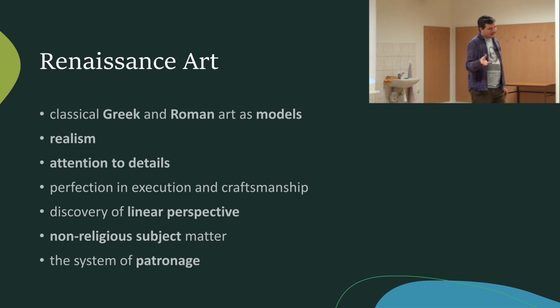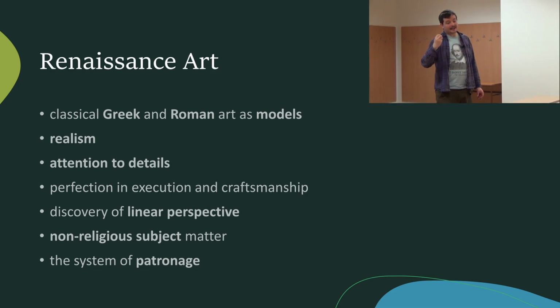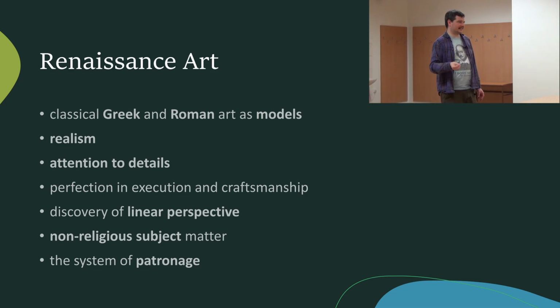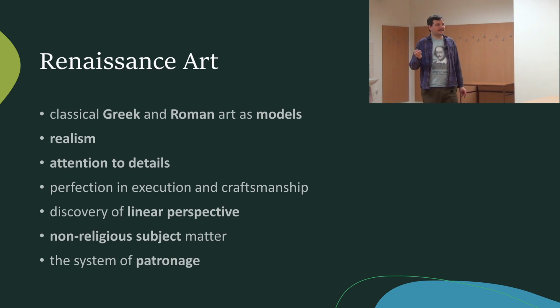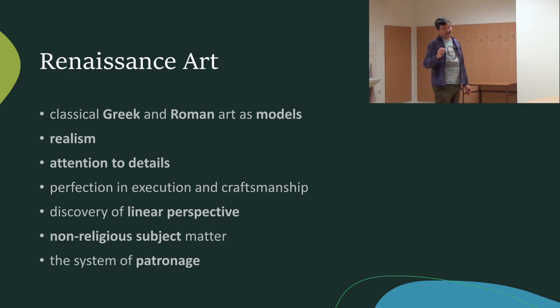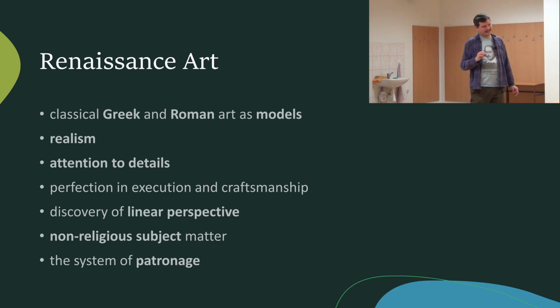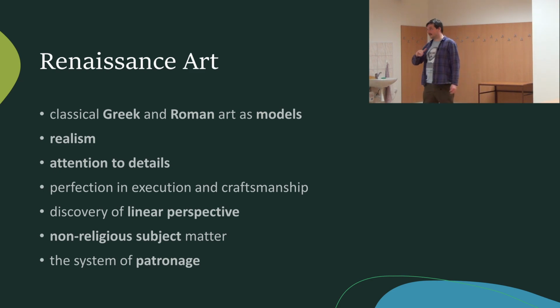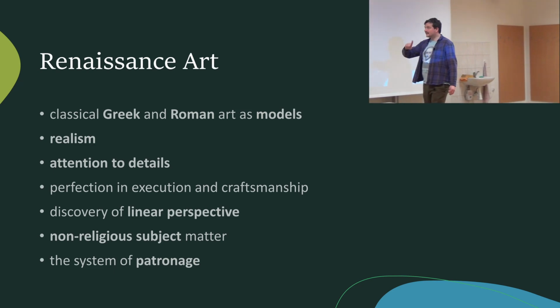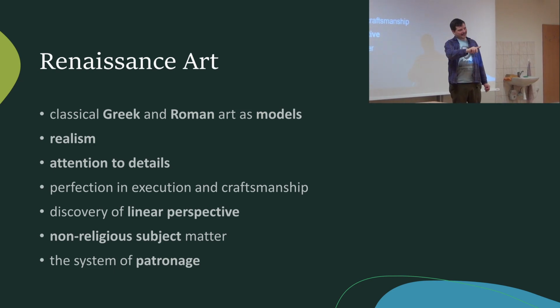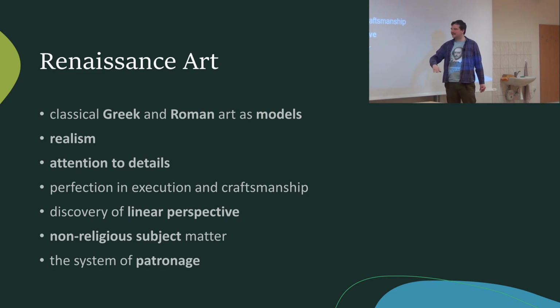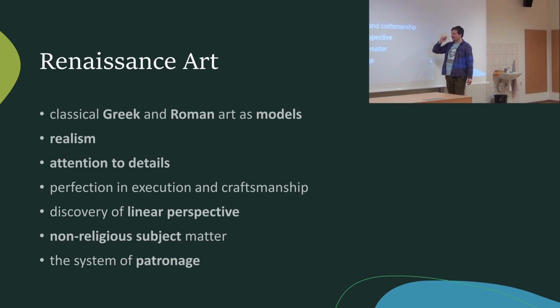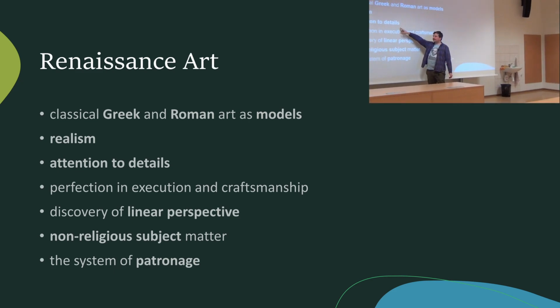Renaissance art tries to be realistic art, but not necessarily the way that you would imagine realistic art in terms of, let's say, 19th century Charles Dickens type realistic art. Not that way. And I will, in a minute, show you examples, but before we go there, let's go through briefly of these things. Attention to details.